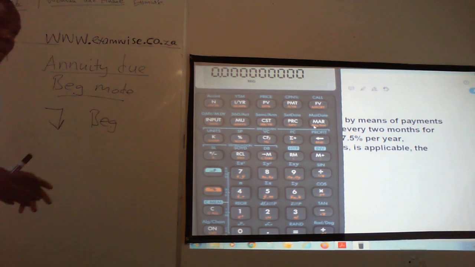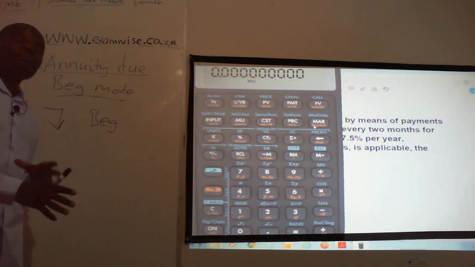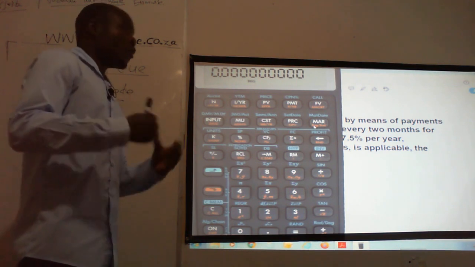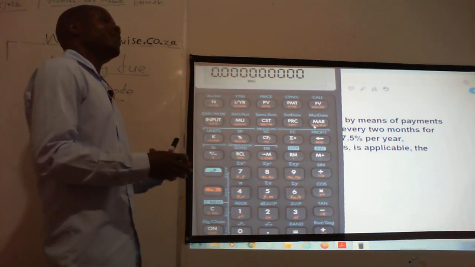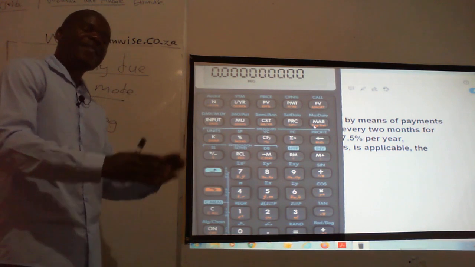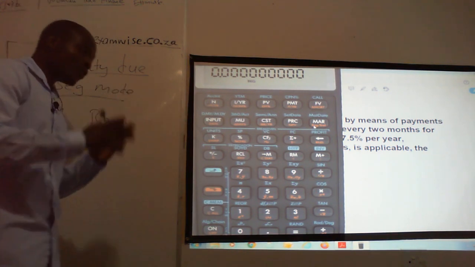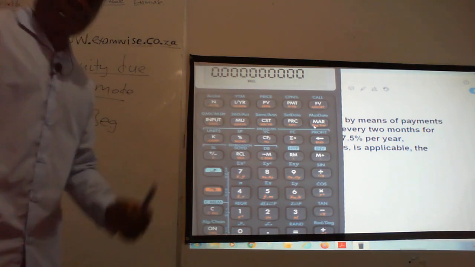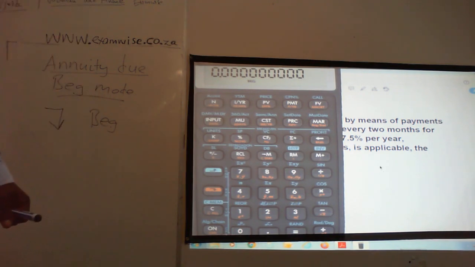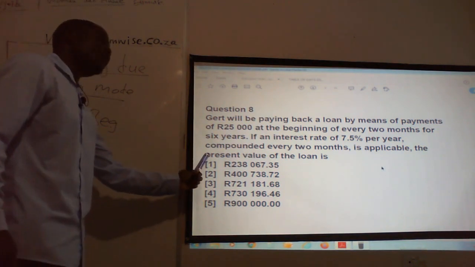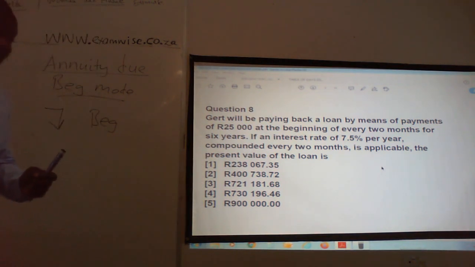With our annuity, the variable which the question requires us to calculate will be the missing variable. The question says the present value of the loan, so our present value of the loan is our missing variable.